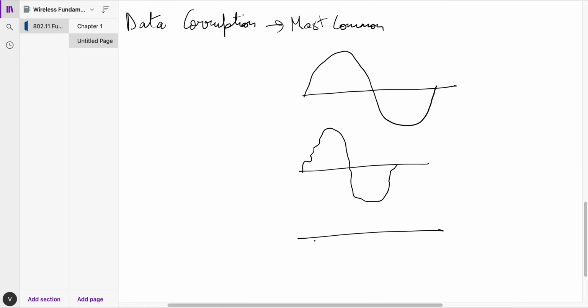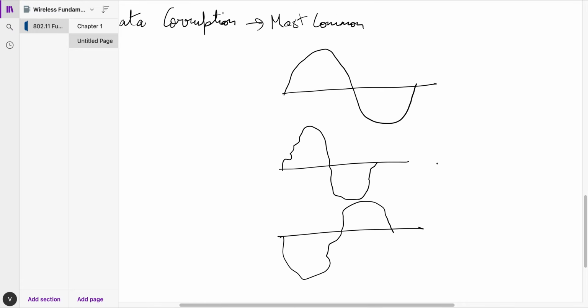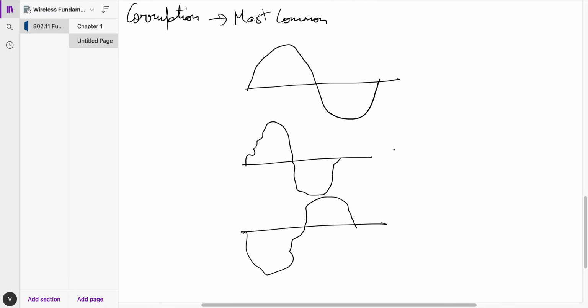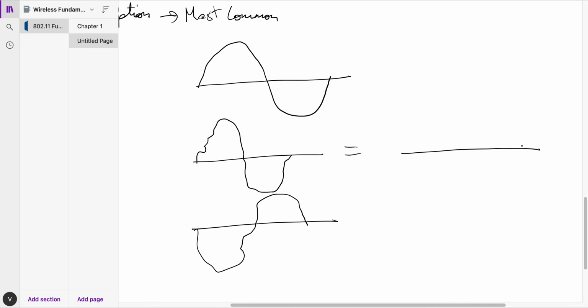Then a third one, I receive something like this. It can be various signals that I receive. That's why it's the most common. So the resultant signal that I get is something which the receiver cannot even comprehend. It's called data corruption. It could be something like this or completely distorted, and the receiver says, I cannot comprehend that. You need to send that to me once again. I didn't understand what you said. That's called data corruption.